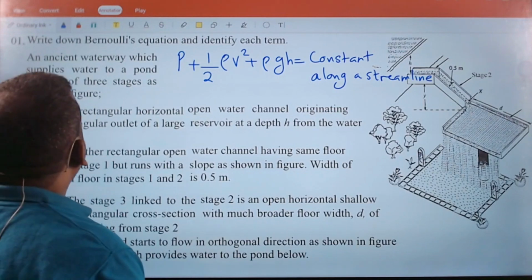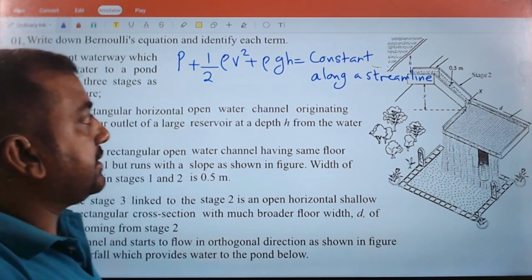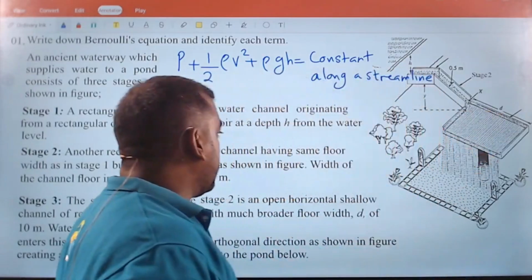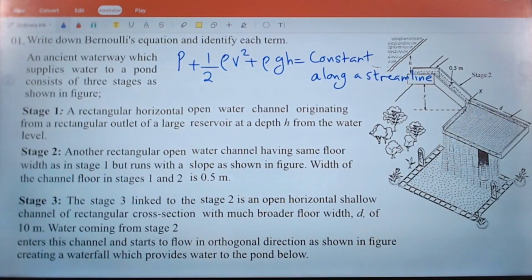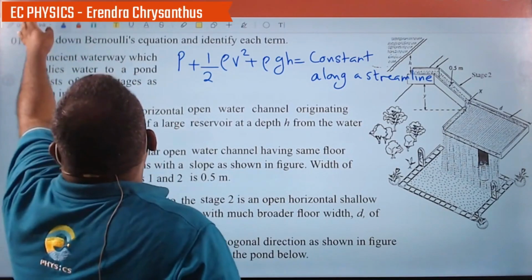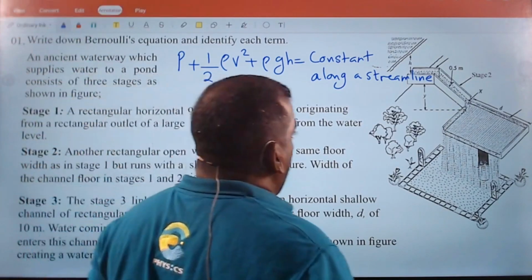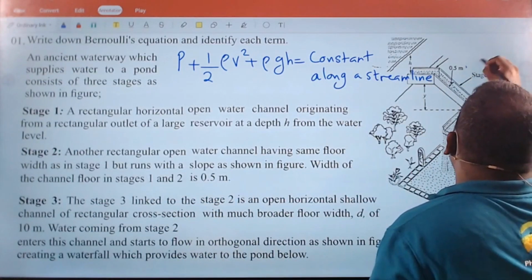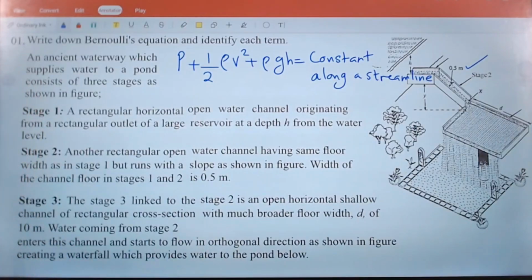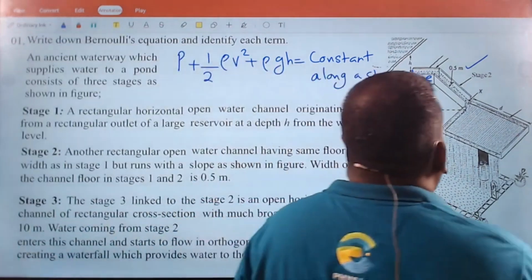You know this. So they are giving you three stages. Stage number 1, stage number 2 and stage number 3. Right. They are telling you, stage number 2, the width of the channel flow in both the stages is 0.5 each. Stage 3, shallow channel, width is 10 meters.